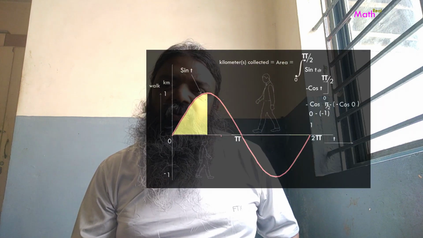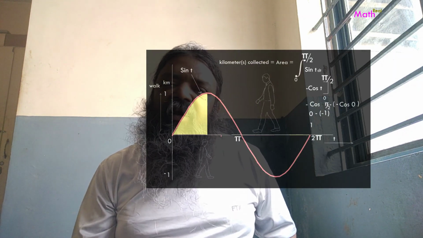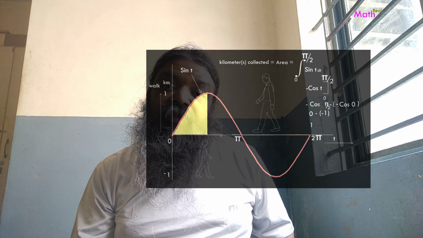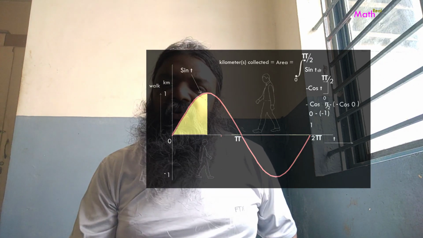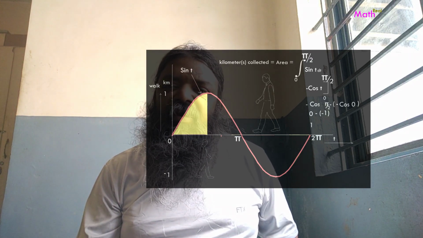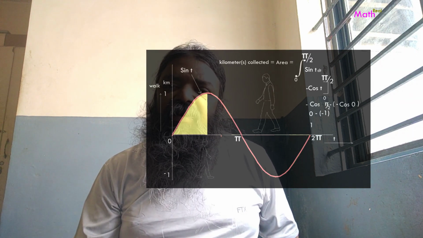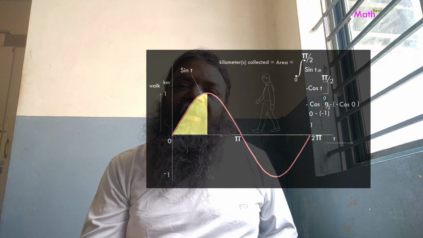Okay. So at the pi by 2, he collects at that interval, he collects 1. Okay, because sine pi by 2 is 1. Then again he proceeds and sine pi is 0. This means he is growing the collection up till he reaches pi by 2.